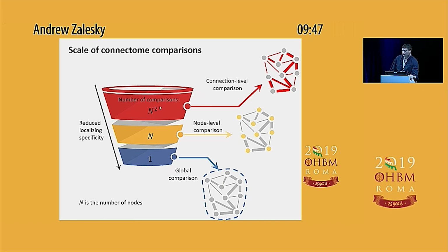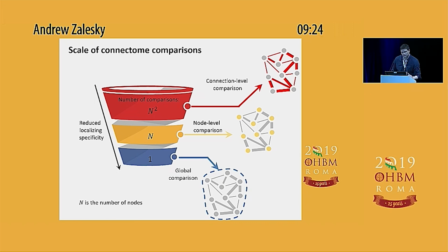And if we take this to the extreme, we can also ask what specific connections, rather than looking at the nodes, are most strongly associated with the behaviour or differ between a patient and a control group. This substantially increases the number of multiple comparisons, so the number of multiple comparisons is then in the order of n squared.